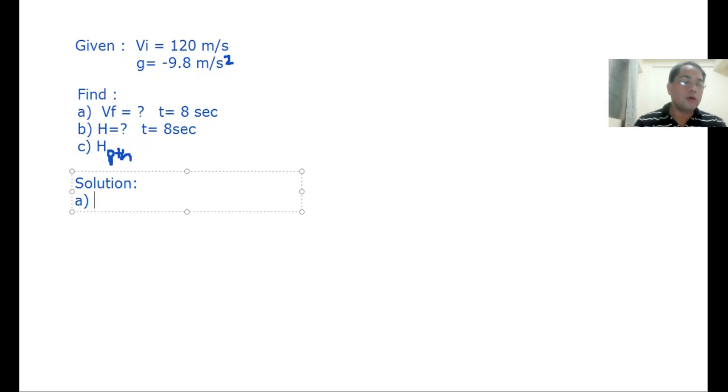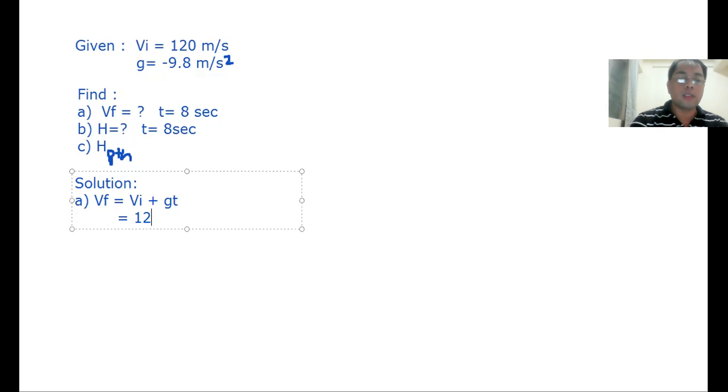How far will the object travel? How fast will the object travel after 8 seconds? For us to find that, our equation will be V sub F equals V sub I plus GT. And again, G here is negative because gravity is considered negative.